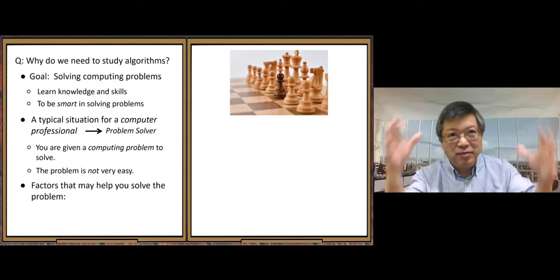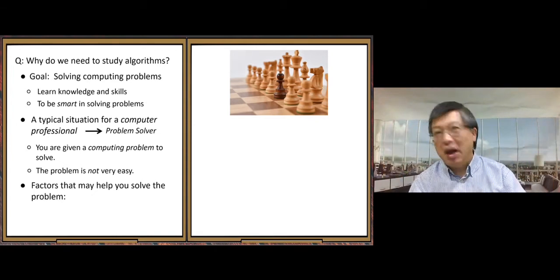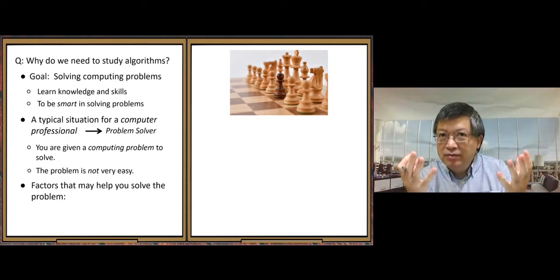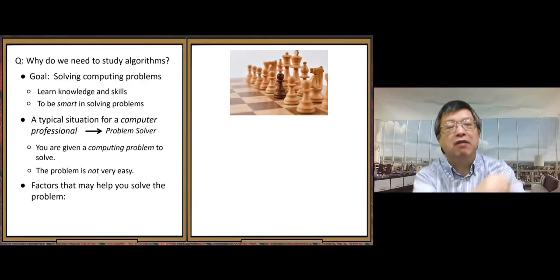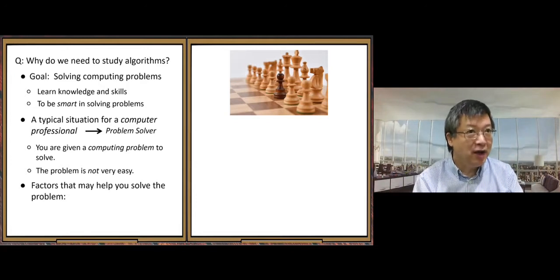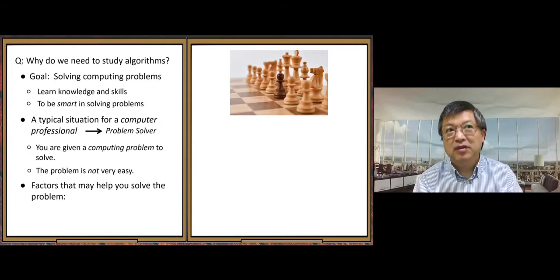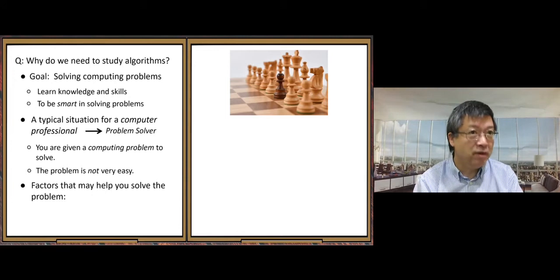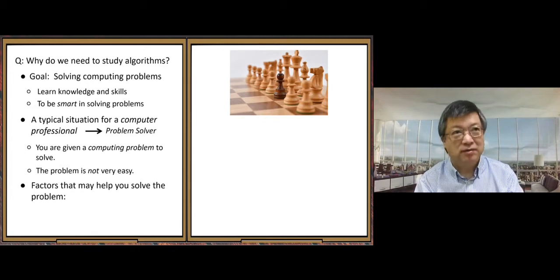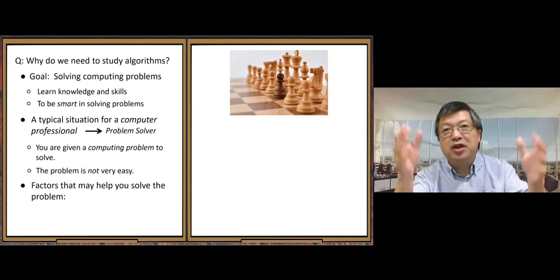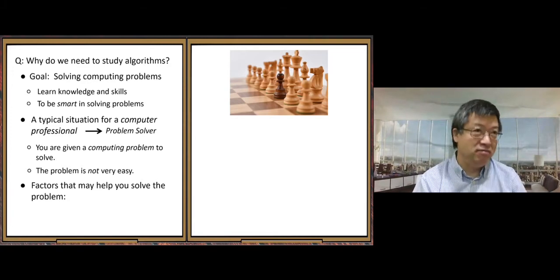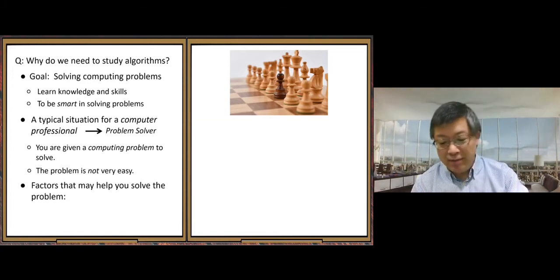When two players play a chess game, can we treat it as a computing problem? If we want to use AI to solve it, AI software can do much better than a human player. Even a human world champion, the AI program can beat easily. So we can treat chess game as a computing problem. Okay, so that's one example.